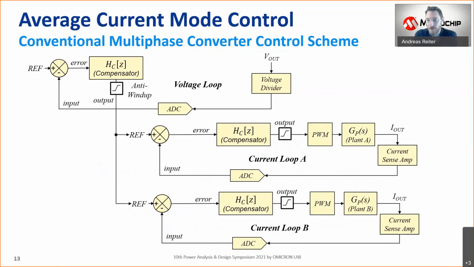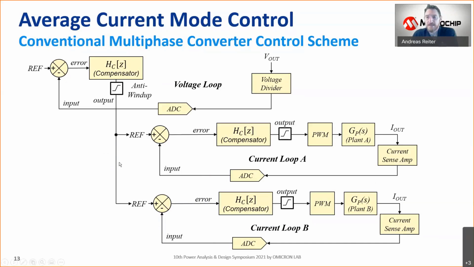Each of the current loops is independently looking at the inductor current of its phase, and both current loops are supplied with the same reference, which comes from the outer voltage loop. This ensures proper current balancing without enforcing any PWM schemes. Every loop is making sure that the current is correct and in the same ballpark as its counterpart.